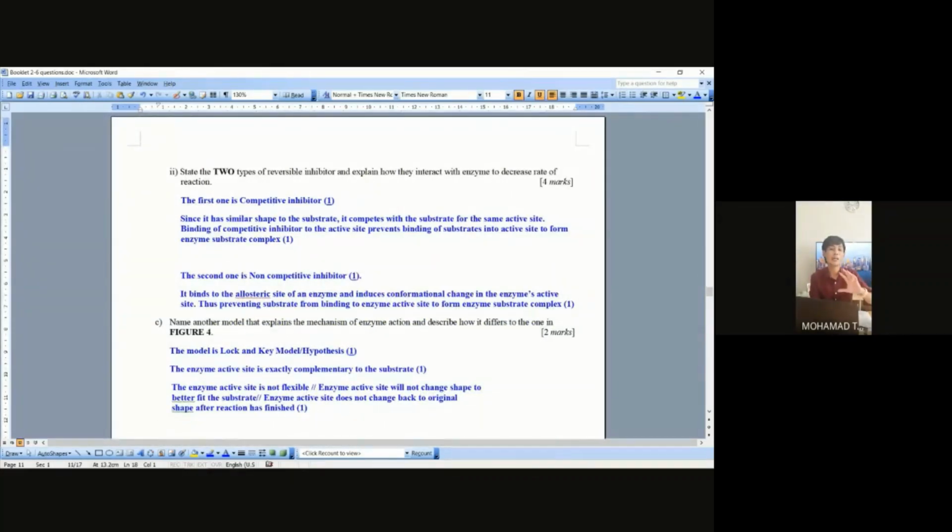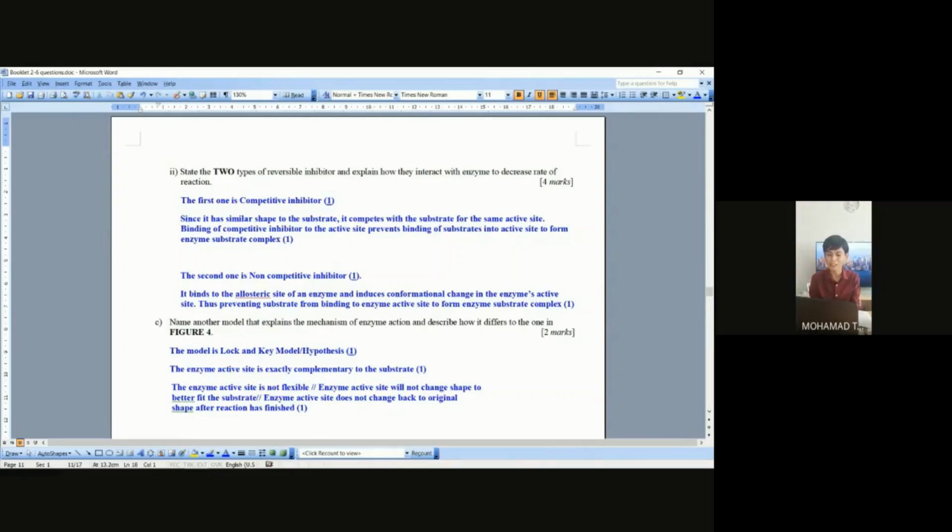As you can see, the first one is competitive inhibitor, and I have 1 mark underlined. So you have to mention competitive inhibitor, and then explain. And then I mention non-competitive inhibitor, and then explain. If you do not write the words competitive inhibitor or non-competitive inhibitor, it is compulsory, and the rest we do not mark, so basically you get zero marks. You have to mention competitive inhibitor before it can be marked.